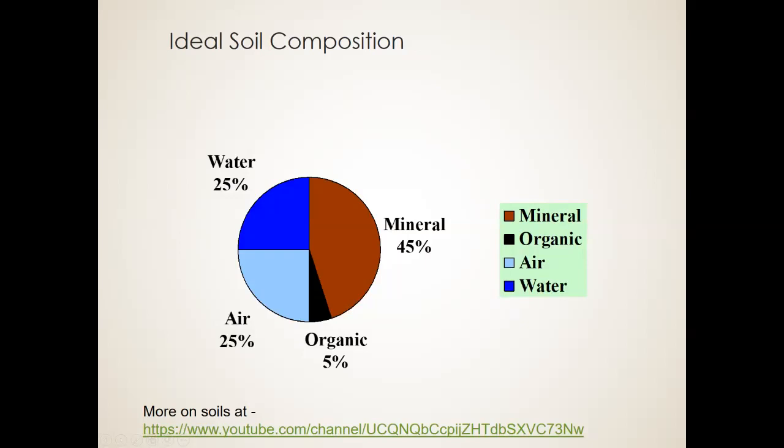Maybe there's 1% of that in there that is the living component, and then the 5% is the decomposing or composting component there. So that's 5%. And we have then equal amounts, ideally, of water and air porosity and water holding capacity.